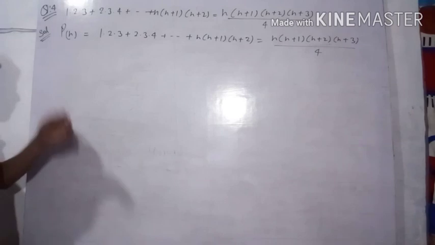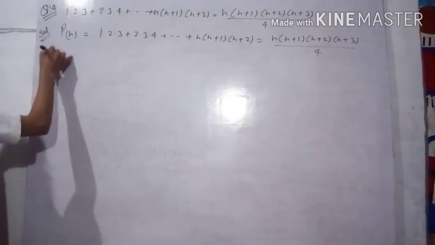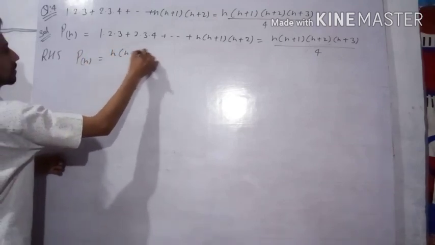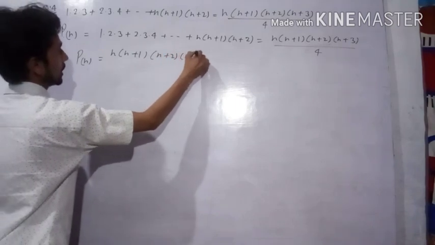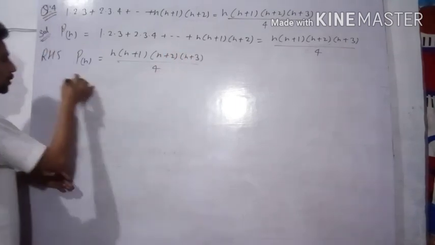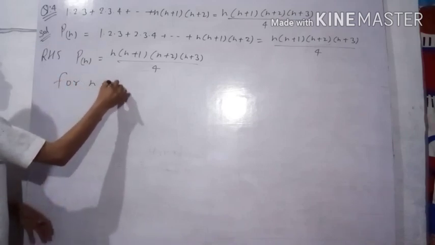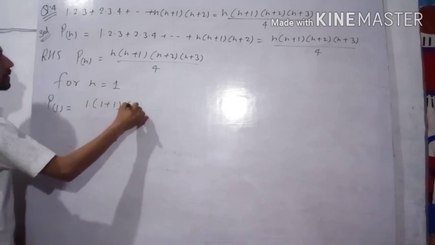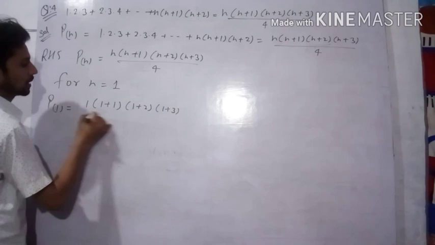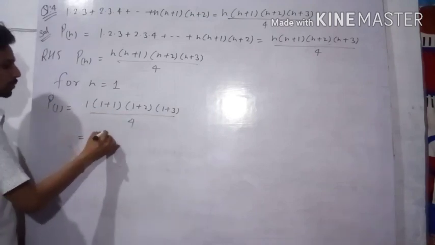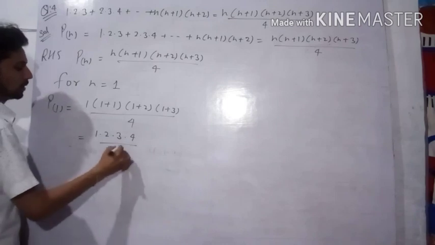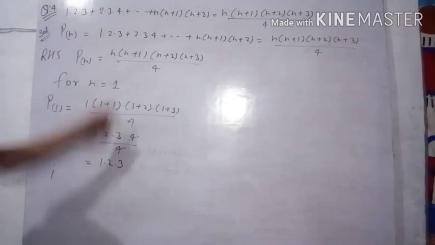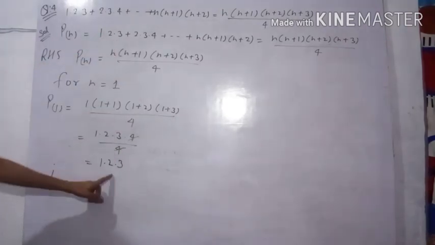For n equals 1: 1 times (1+1)(1+2)(1+3)/4, which is 1.2.3.4/4; 4 cancels by 4, this is 6. From the RHS, for the first term, it is true.